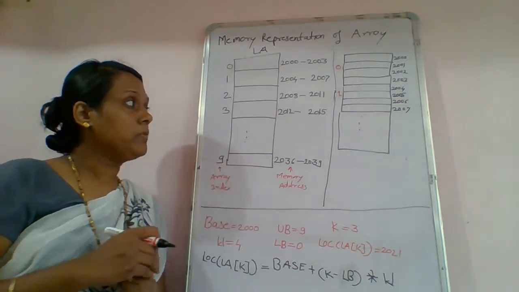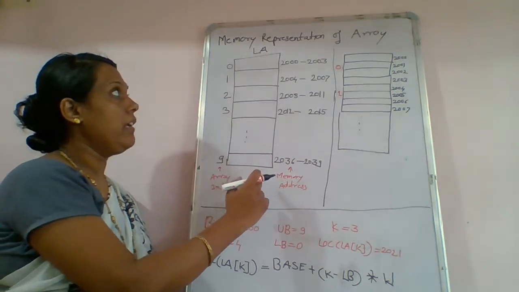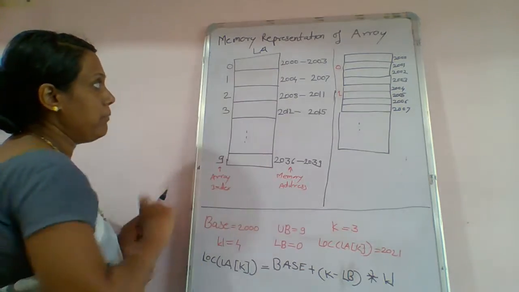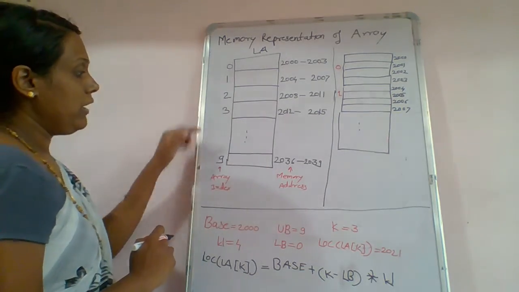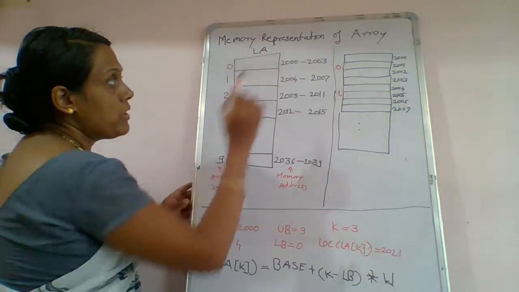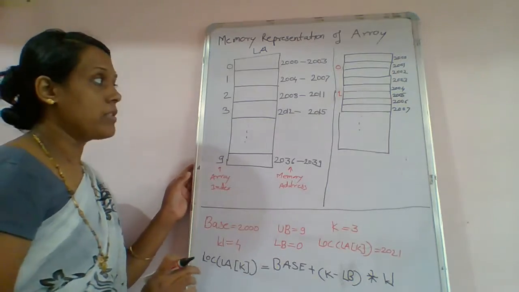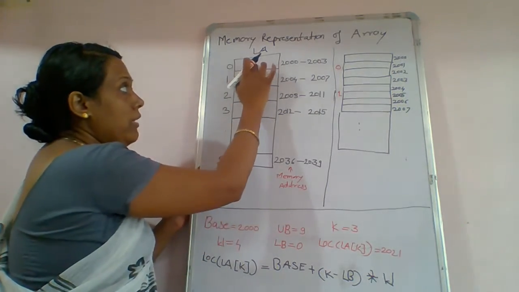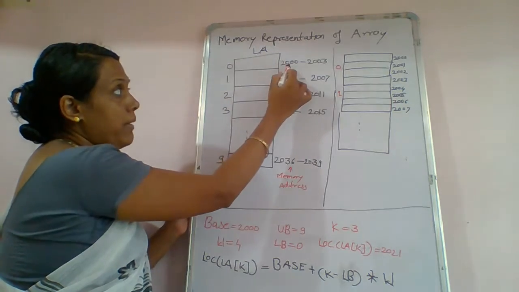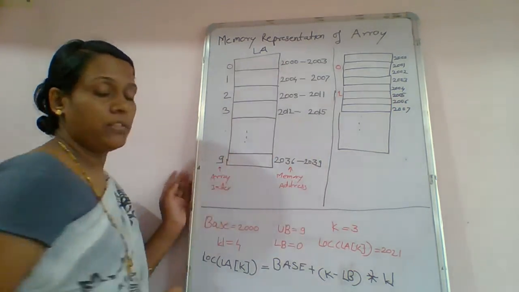Okay, now see the data. It is a linear array in which these are the index numbers, 0, 1, 2, 3, like that till 9, and 2000 to 2003 is the memory address of these values. The value we store at index 0 has the memory address from 2000 to 2003.